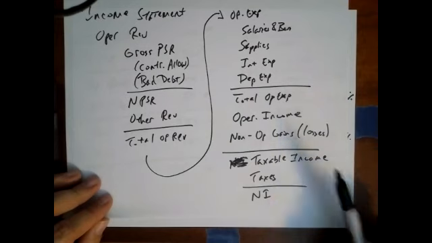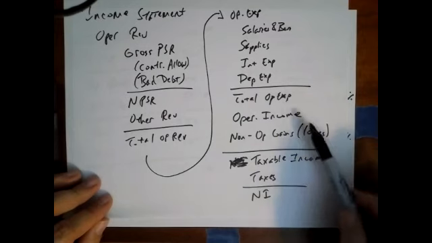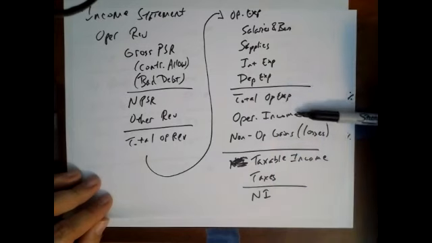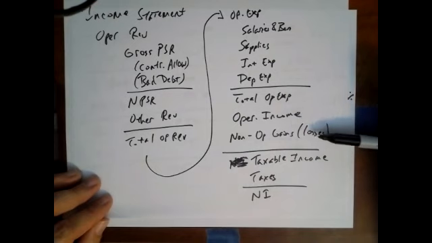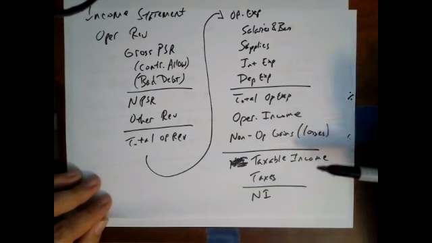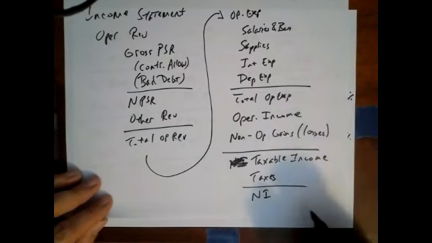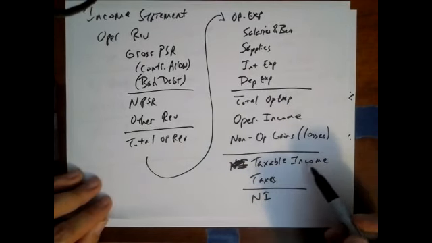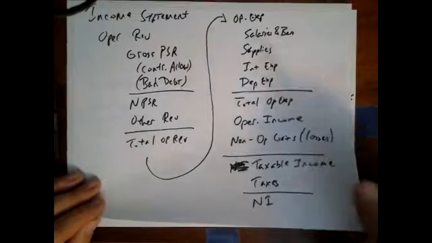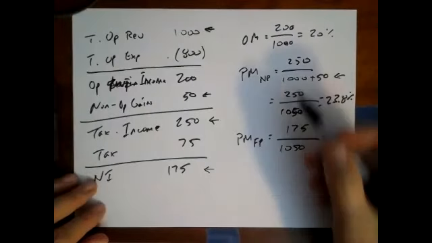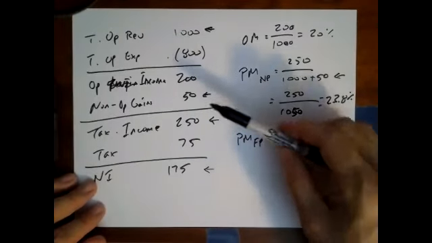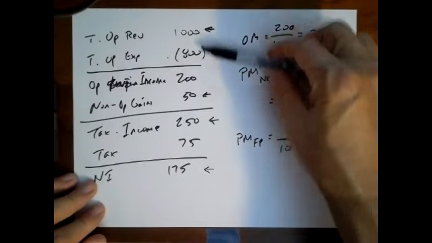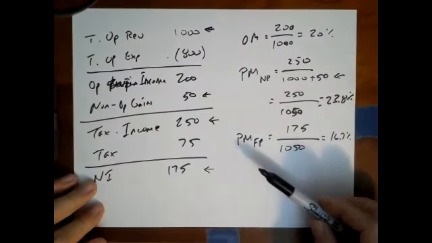But if this is a for-profit entity, after you've gotten your operating income and you've added in your non-operating gains or subtracted your non-operating losses, that gets you to your taxable income. Then you have to calculate taxes, right? And you need a tax rate. And so taxable income minus taxes gives you net income. Okay. And then we calculated operating margin, which is just the operating income divided by the operating revenue.